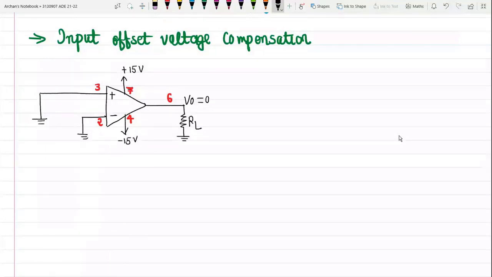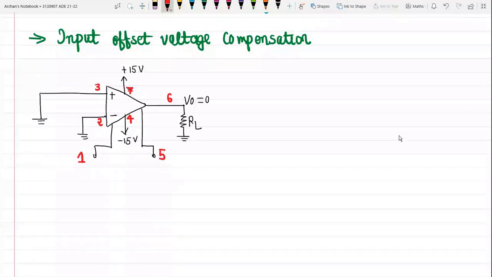Today we will introduce pin number 1. This is pin number 1 and this is pin number 5. In IC741, the manufacturer provides these two pins, which are known as compensation pins.